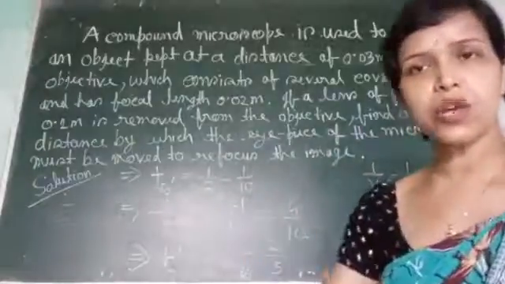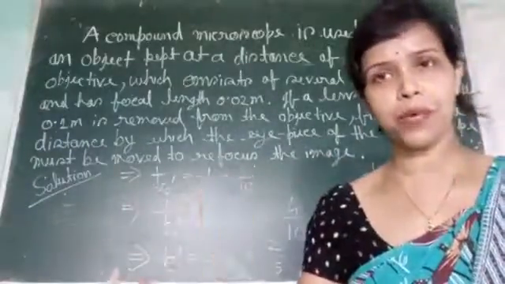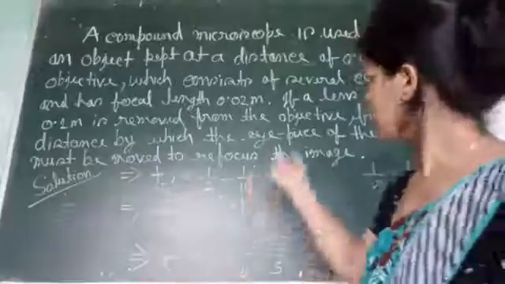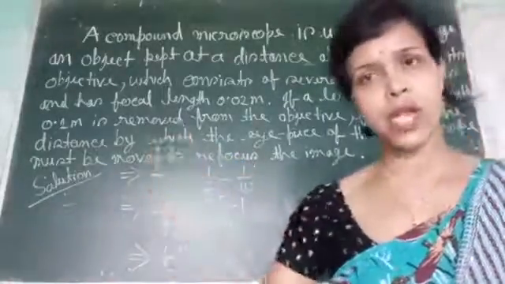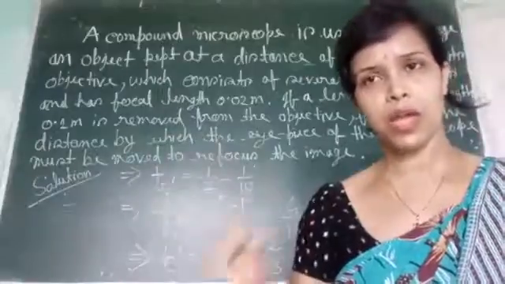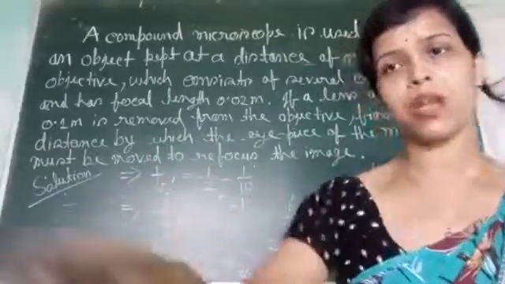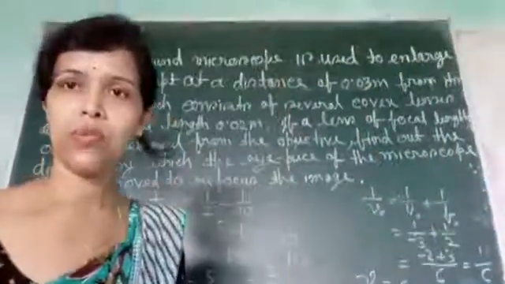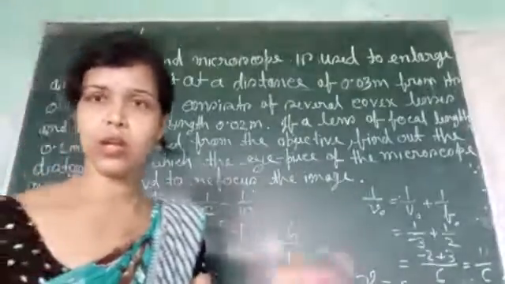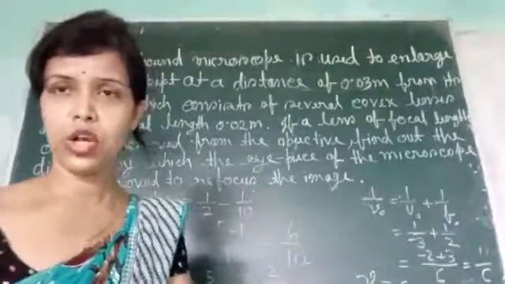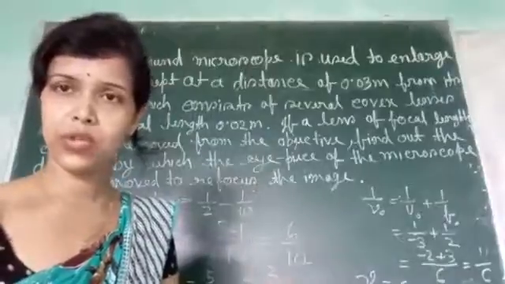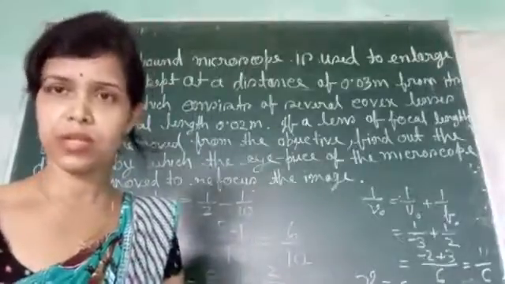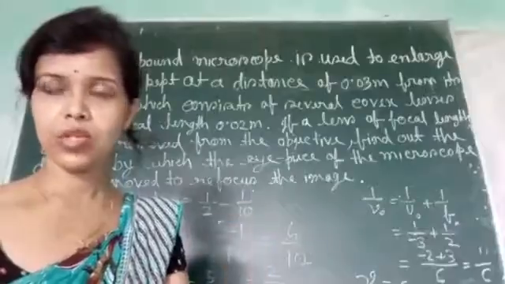So by how much should we move the eyepiece so that the whole compound microscope can focus again at that place? We have to find that distance. So for this, what will be the new position of the eyepiece, that means how much distance the eyepiece should be moved to refocus the image of the object?